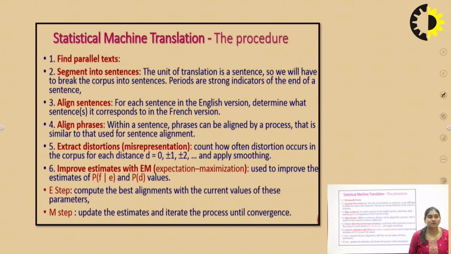Sixth is improve the estimates with EM. EM is expectation maximization, an algorithm, and we have to improve the estimate with it. It is used to improve the estimate of P(F|E) and P(D) values.